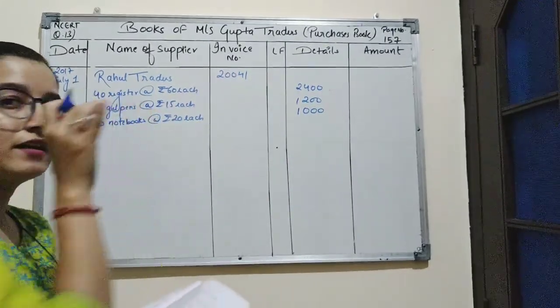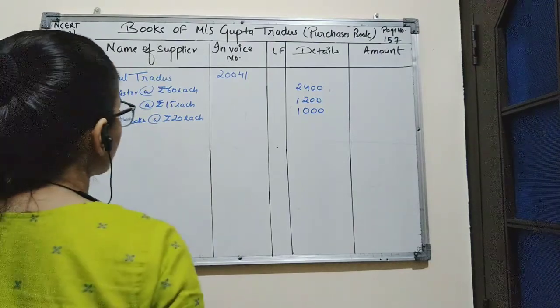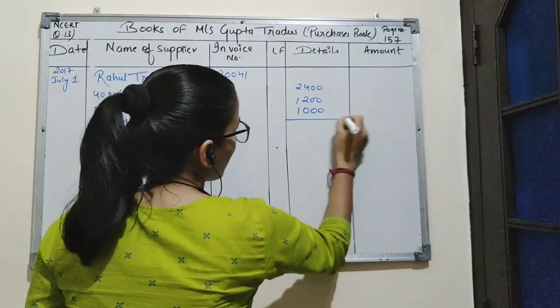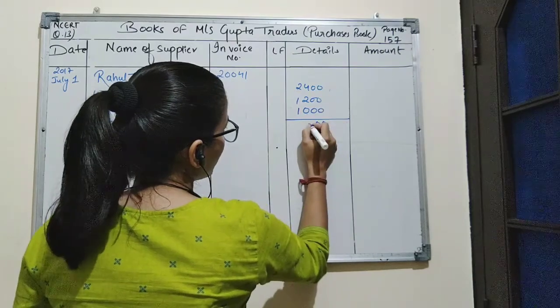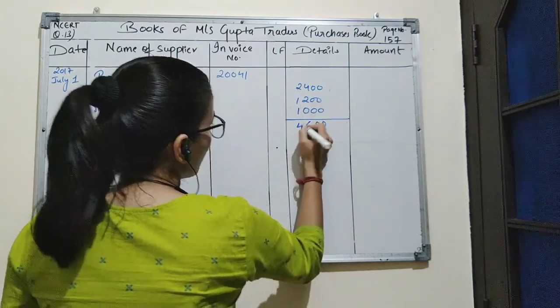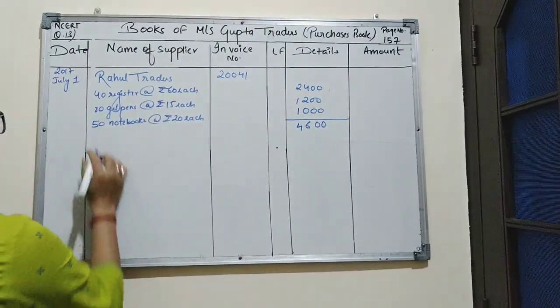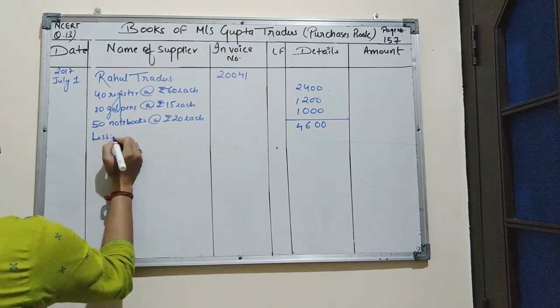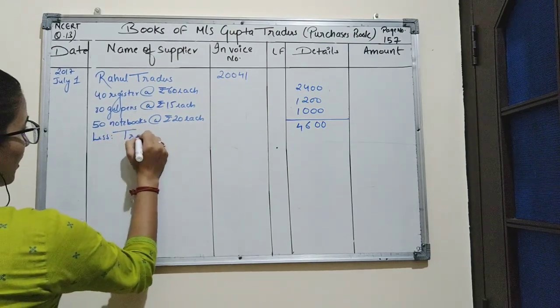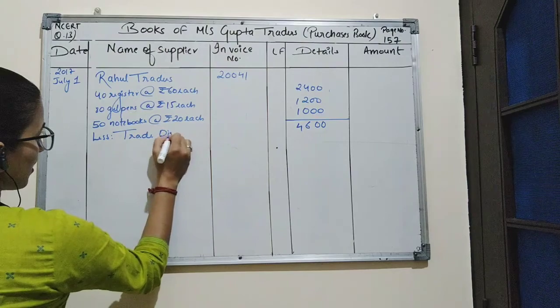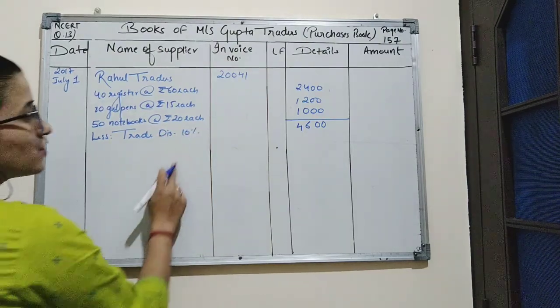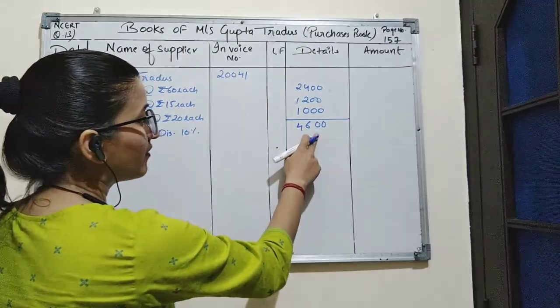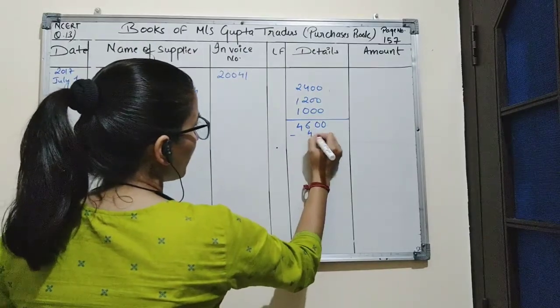So we will deduct trade discount of 10%. Here the total purchases amount is 4600. Now we will subtract trade discount, which is 10%. So 10% of 4600 will be rupees 460.